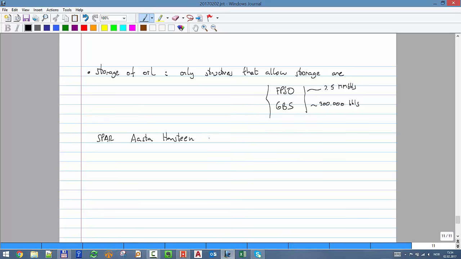Okay, so it's the only spar with storage capacity to date. Well, to date it is not yet in production, but it is the first one designed with storage capacity, 150,000 standard barrels.